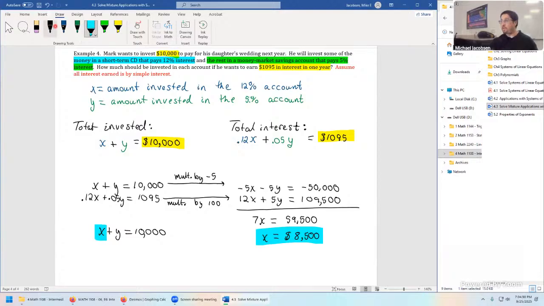We're plugging in the value for x. So we'll have 8,500 plus y equals 10,000. Subtract 8,500 from both sides, and then y is going to be equal to $1,500.